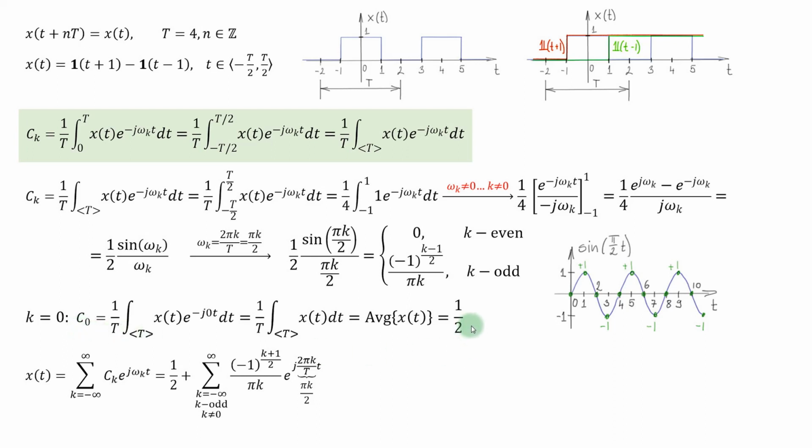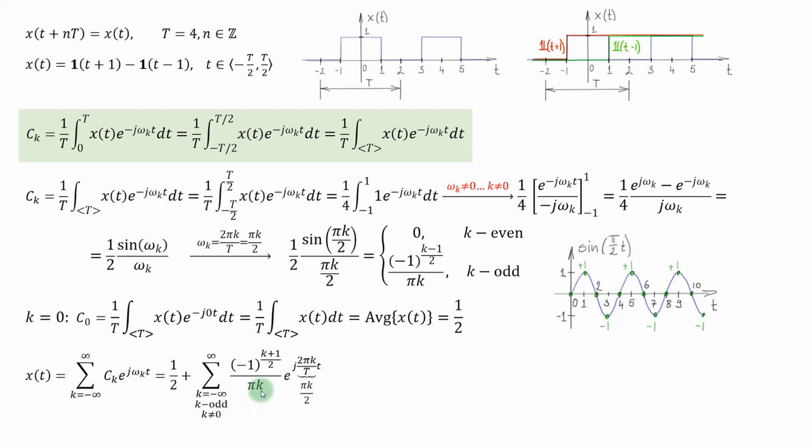Now that I have computed all the complex amplitudes, I can write down the Fourier series of my signal. In the Fourier series of my signal, the k will go from -infinity to +infinity. But because the complex amplitudes are 0 when k is even, I will include only k that are odd.